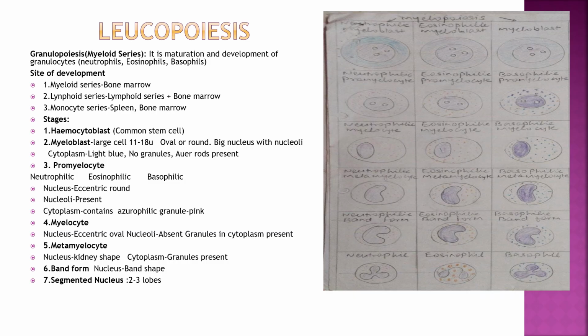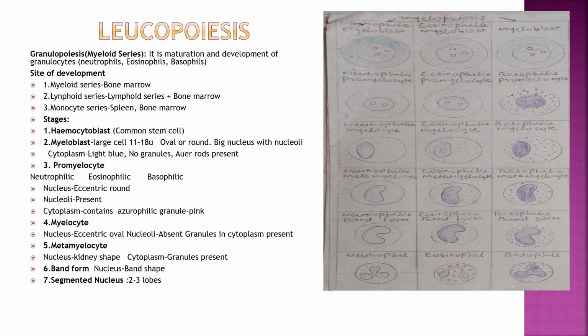Then it develops into the metamyelocyte. The nucleus is kidney shaped, cytoplasm granules present, and then it develops into the band form in which nucleus is in band shape, and then finally a segmented nucleus of 2 to 3 lobes is developed. So this is all about the neutrophil, eosinophil or basophil leukopoiesis.